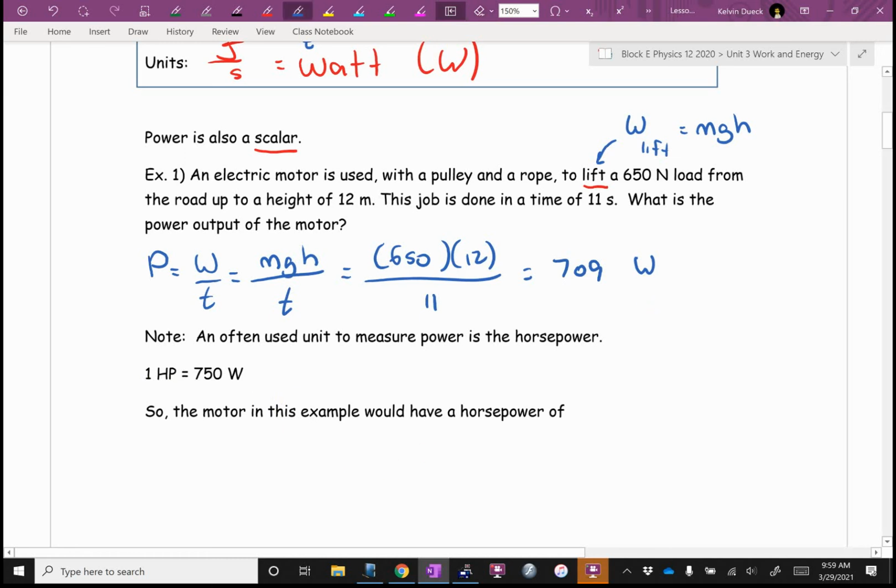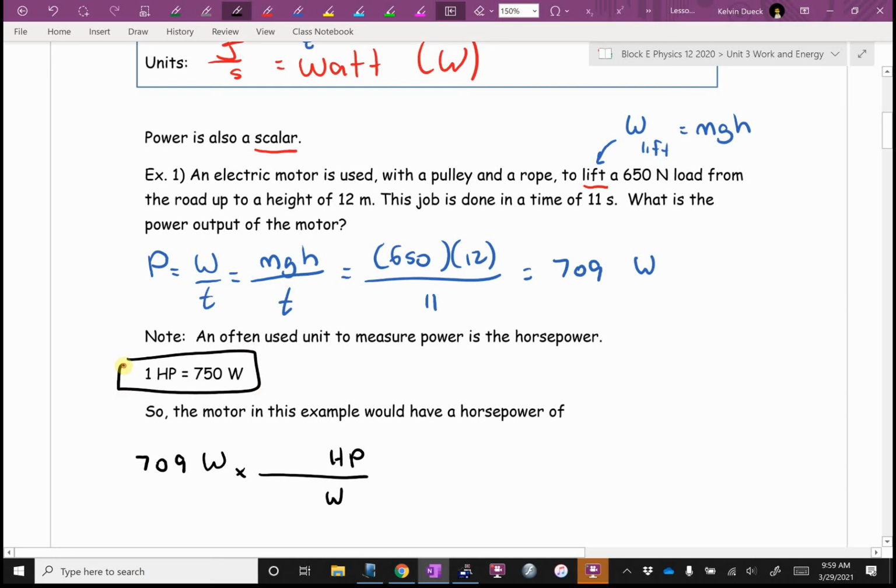So this motor would have a horsepower of, I want to convert this to horsepower. How will I do that? Write down what they gave me. I want watts to cancel, so where will it go in my next fraction? On the, I guess horsepower is going to go on the top.